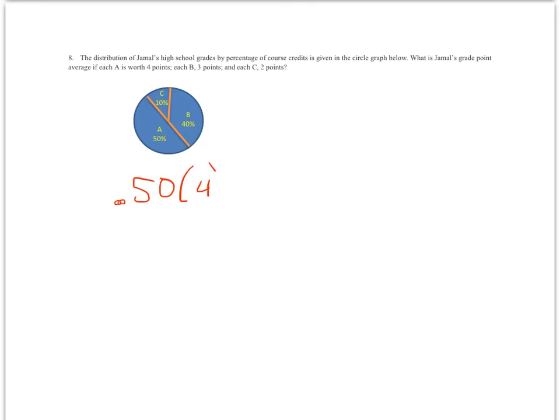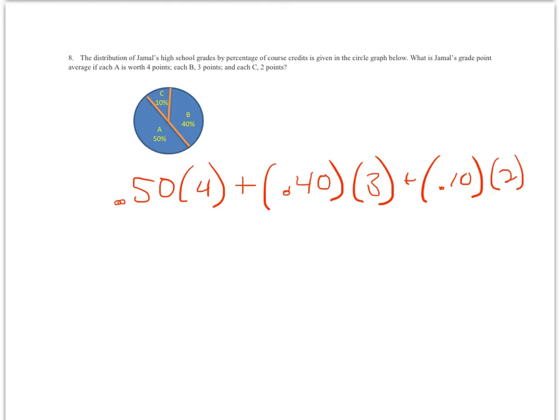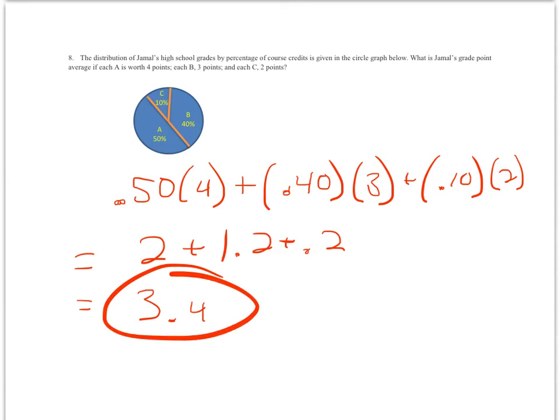A is worth 4, so you take 0.5 times 4, plus 40%, 0.40, of his grades are B's, those are worth 3's, and 10%, 0.10, are C's, those are worth 2. If you put this in your calculator, you end up with 2 plus 1.2 plus 0.2, which is 3.4. That's his GPA.